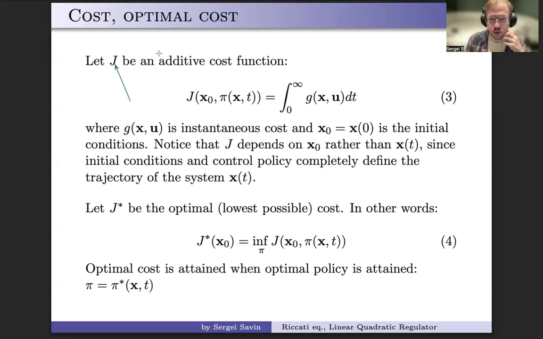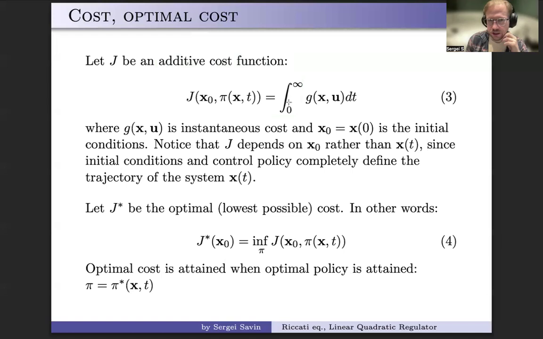Specifically, we would use an additive cost function. The fact that it is additive would be useful in deriving almost everything else. But in a sense, it is very natural. Additive means you would have an integral, and you would integrate from, let's say, 0 to infinity, some kind of function.